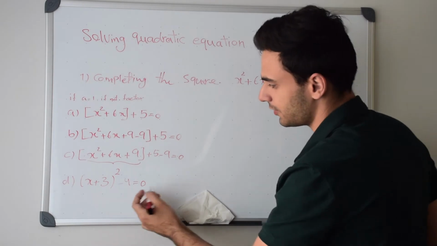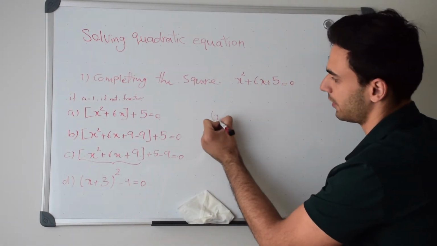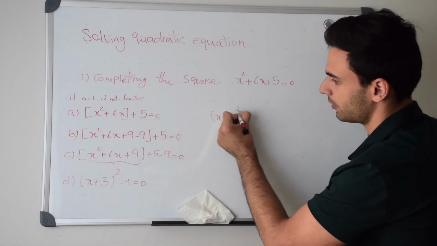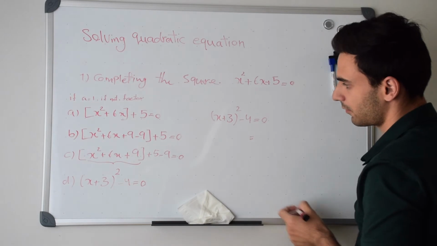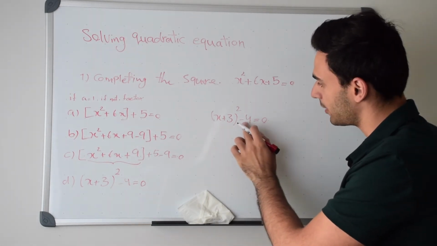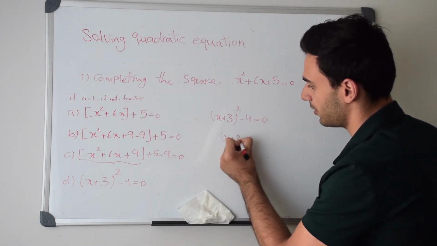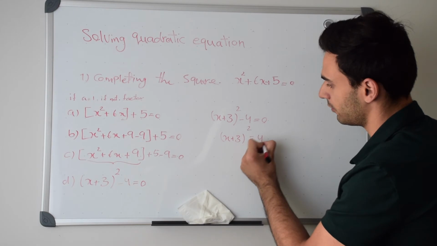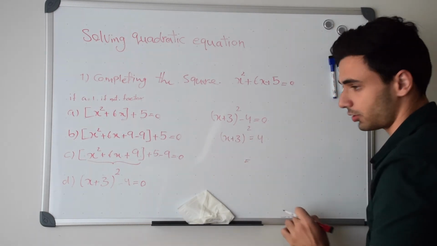Now I can easily solve this. I'm going to write it up here again. I have (x plus 3) squared minus 4 equals 0. I can add plus 4 to both sides of the equation. So I will have (x plus 3) squared equals 4. And I'm going to take the square root of both sides of the equation.